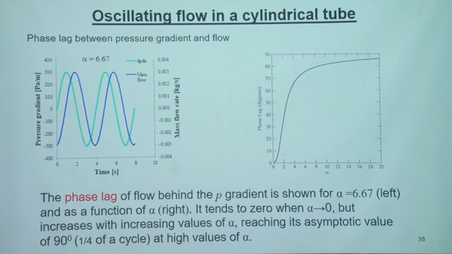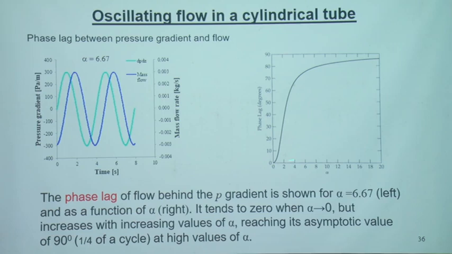If you measure the phase lag and then plot it as a function of Womersley number, that's what you get on the right. This is the phase lag expressed in degrees, using angular frequency, assuming that one complete cycle is 360 degrees, so 90 degrees is a quarter of the cycle.